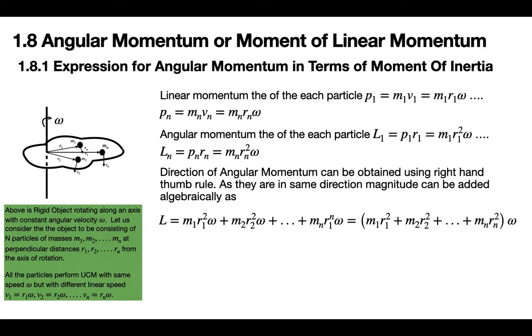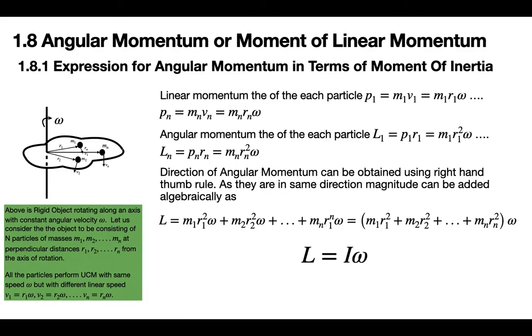So you get m1 r1 square plus m2 r2 square plus mn rn square, all times omega. But m1 r1 square plus m2 r2 square plus mn rn square is nothing but the moment of inertia of that object around the axis around which it is revolving. So you can replace that by I. You get the expression for angular momentum L is equal to moment of inertia into angular velocity.